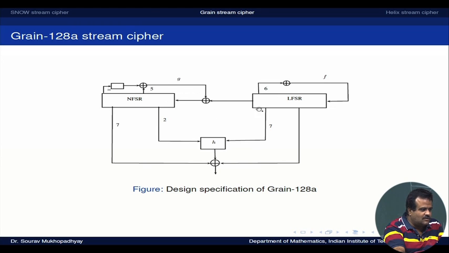We have the G function. We take this output and XOR it with this, and that is how we update the NLFSR. For H, we take the 7th bit from the LFSR and 2 bits from the NLFSR, and then we apply H, and we are drawing this.